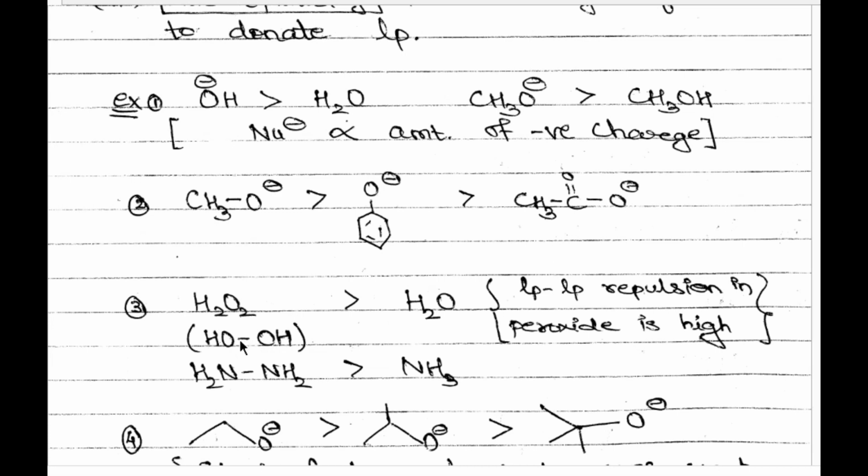Since the bond length is very short, the lone pairs on the two oxygen atoms repel each other. Because of the repulsion, the donation of the lone pair becomes easier. So peroxide has an easier tendency to donate the lone pair than water, and that's why it's a better nucleophile, because LP-LP repulsion in peroxide is higher.